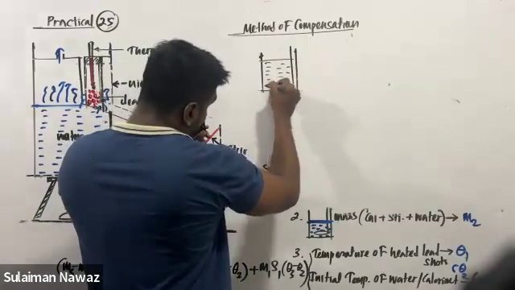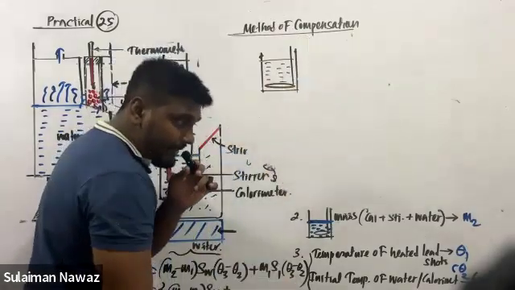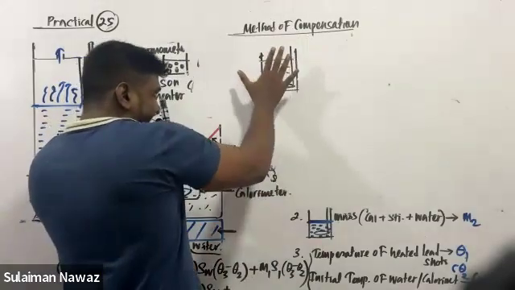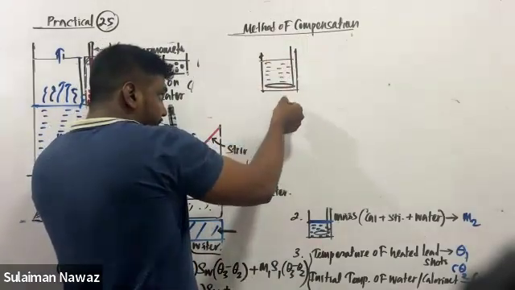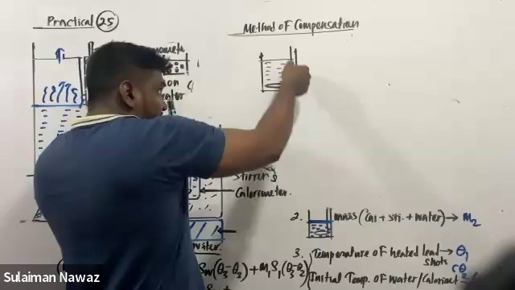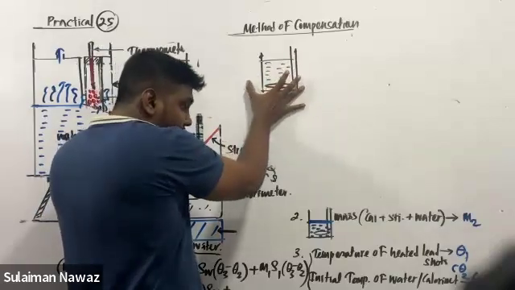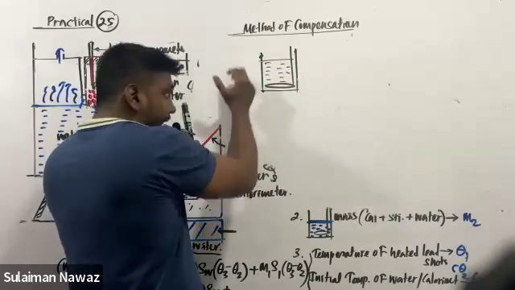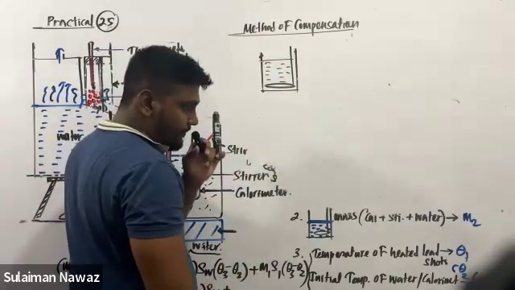That means you start the practical by initially reducing the temperature of the calorimeter by 5 degrees Celsius below the surrounding temperature.